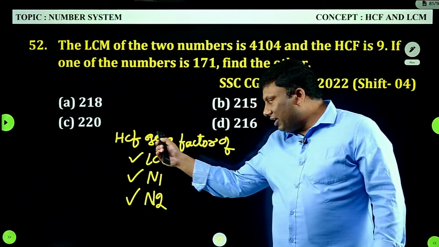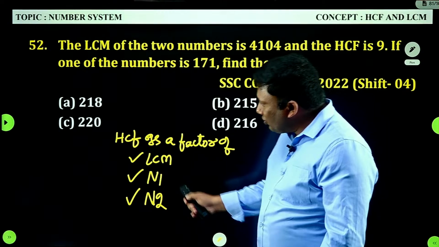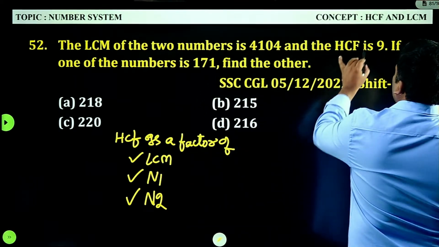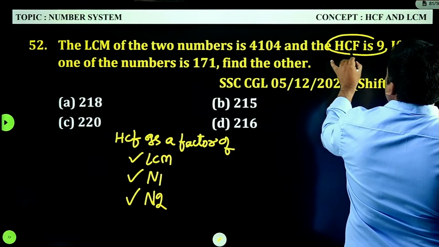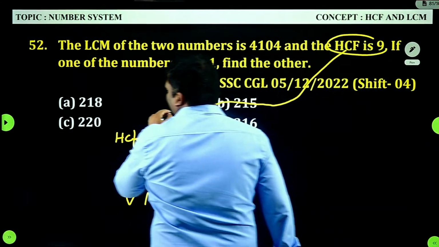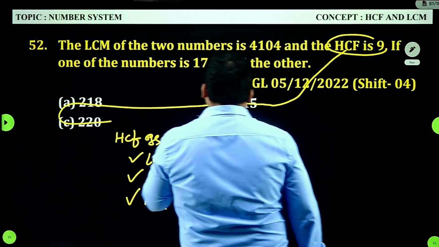HCF will always be a factor of the given numbers and of the LCM. What is the HCF given? 9. So the answer should be divisible by 9.